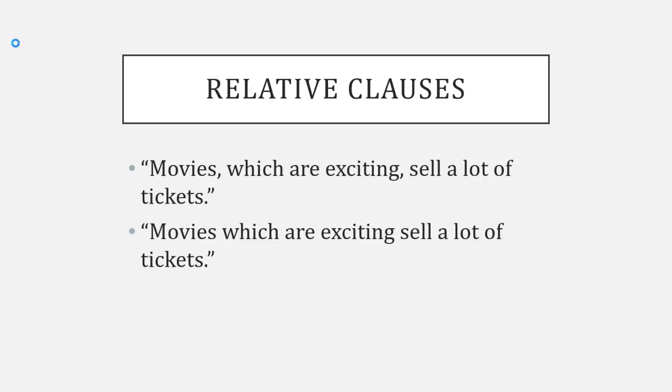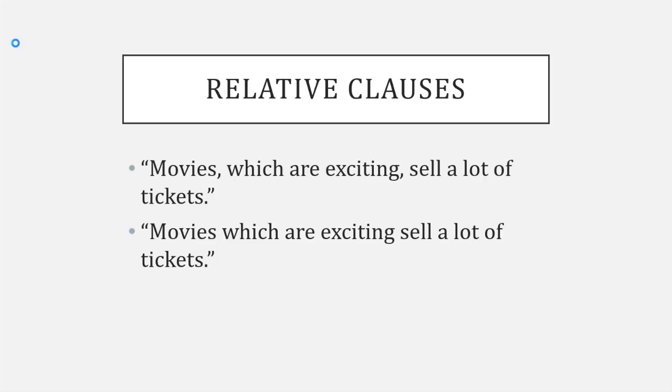The second one is about only those movies which are exciting. Only exciting movies, this sentence claims, sell a lot of tickets. Or at least it's only making claims about movies which are both exciting and movies. Yeah? So the key is the commas. Look for the commas. If you see a clause being carved out by 2 commas, then it's a non-restrictive relative clause.